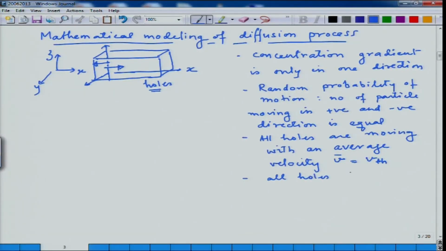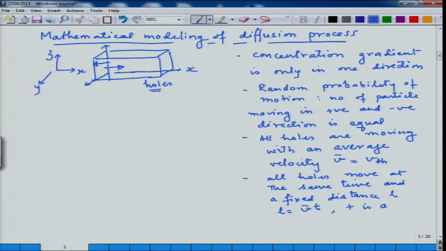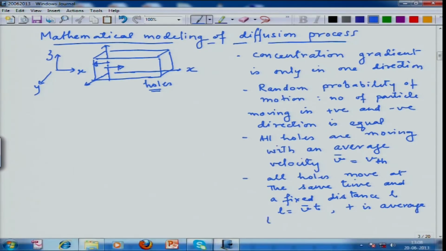So, all holes move at the same time, and a fixed distance L, where L is given by V bar T, and T is the average time between scattering events.